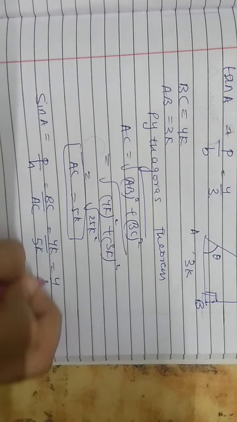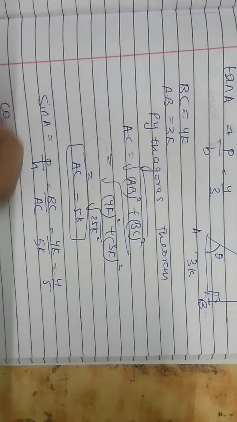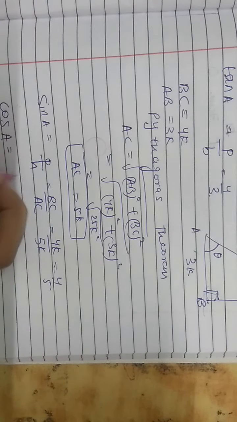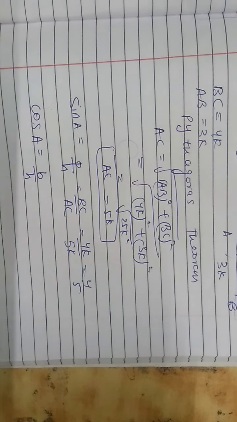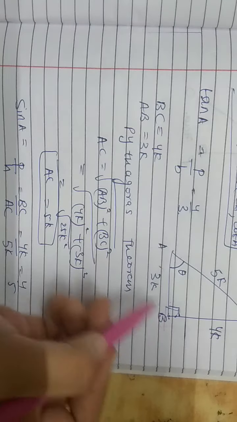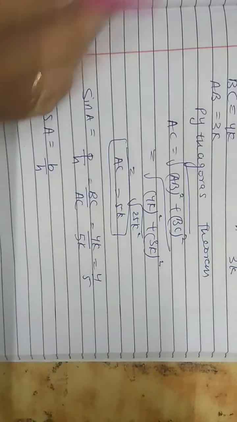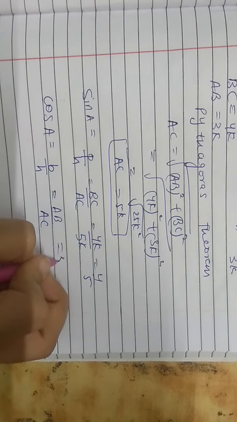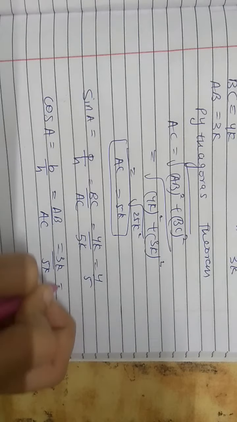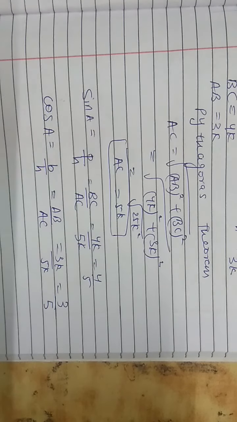So here we get 4 by 5. Cos A was base by hypotenuse. So with respect to angle A in this triangle, our base is AB and hypotenuse is AC. So we can write it as AB by AC, that is 3K by 5K, that is 3 by 5.